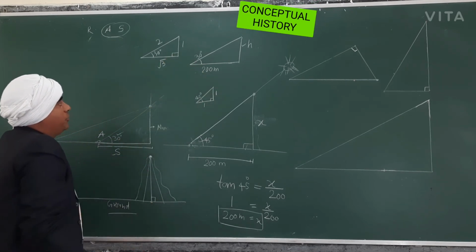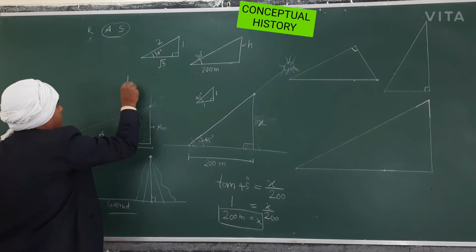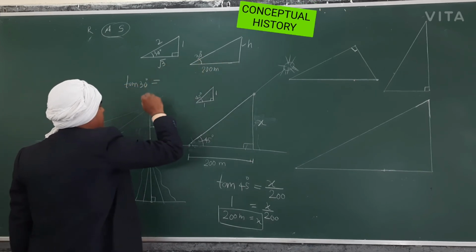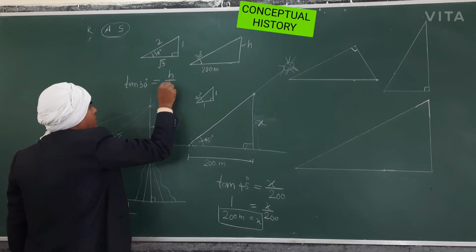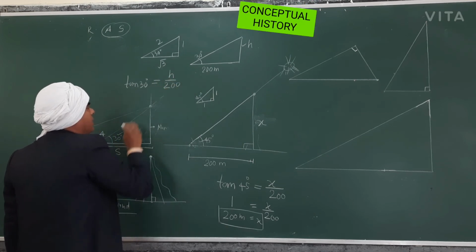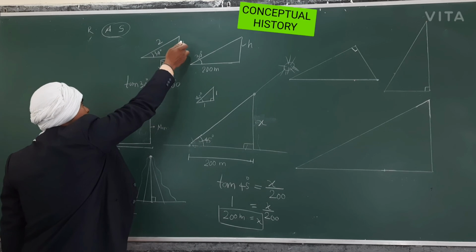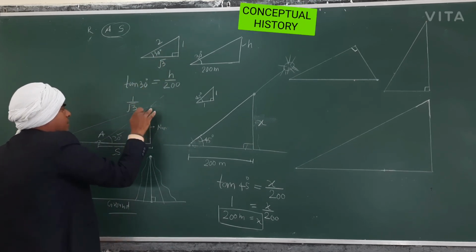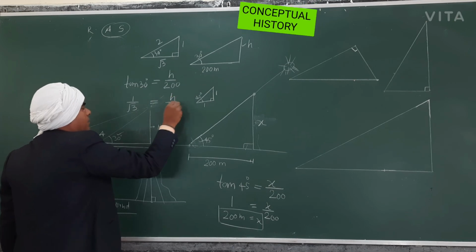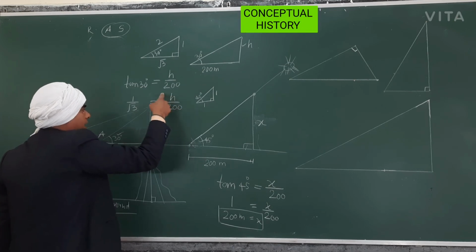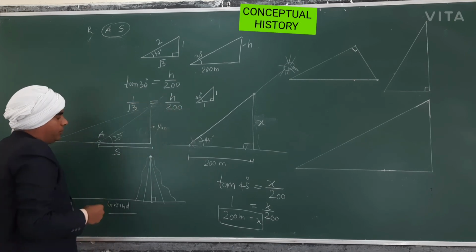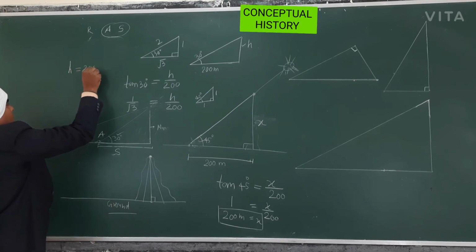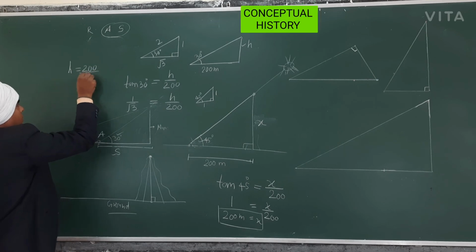Or you can use the ratio, tan 30 is equal to, suppose you have to find h, so h upon 200. Tan 30, with the help of this, tan 30 is 1 upon root 3, you know this. So h upon 200, and h is equal to 200 upon root 3.